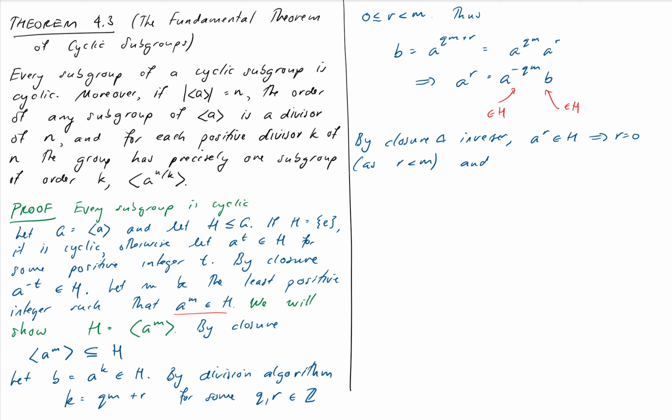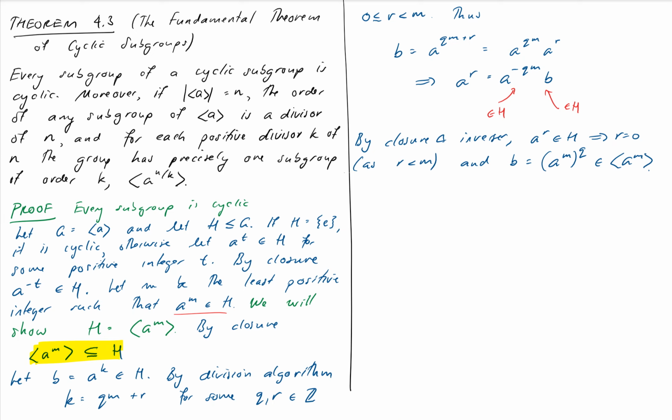and B is therefore equal to A to the M to the power of Q, which is, in fact, a member of the cyclic subgroup generated by A to the M. Okay, so what's the logic we've done here? Well, we first off chose the smallest positive integer power of A to be in our arbitrary subgroup of G. We showed that the cyclic subgroup generated by that was contained within it, and then we tried to find another element that might not be inside this cyclic subgroup, and we showed that it had also inevitably to be inside the cyclic subgroup also.